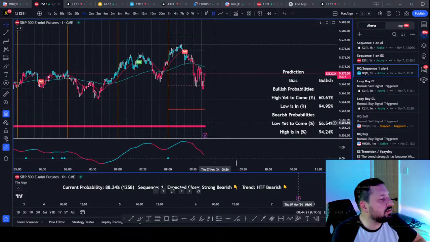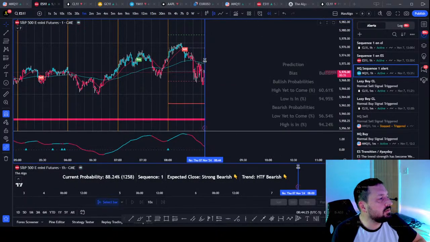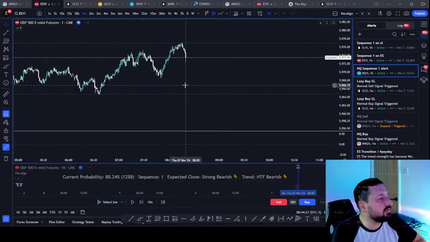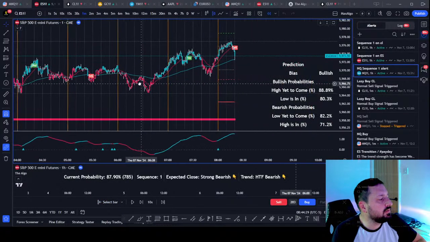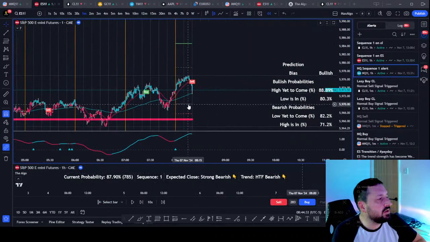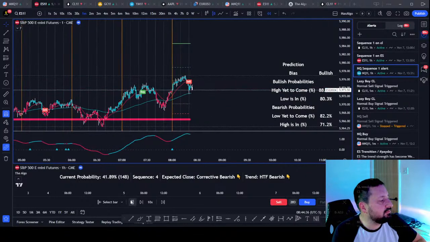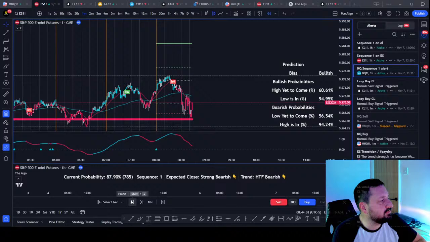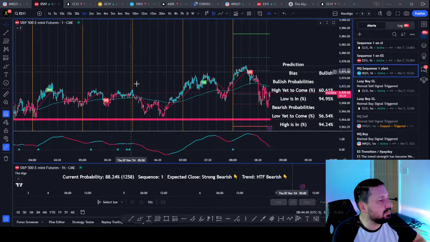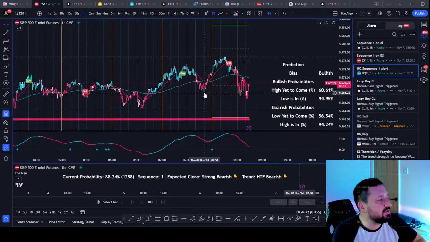Oh, strong bearish on ES as well. Let's have a look. Yeah, so obviously that would have been a trade played out. So obviously we've taken the low now.